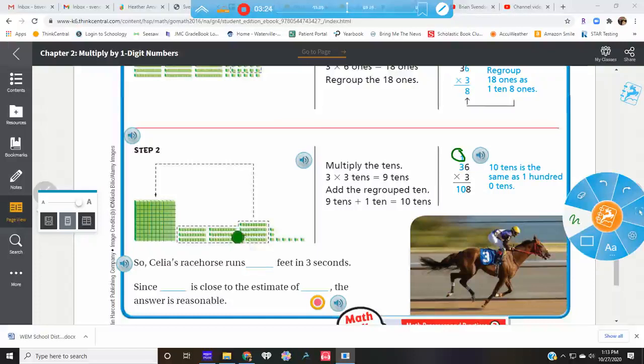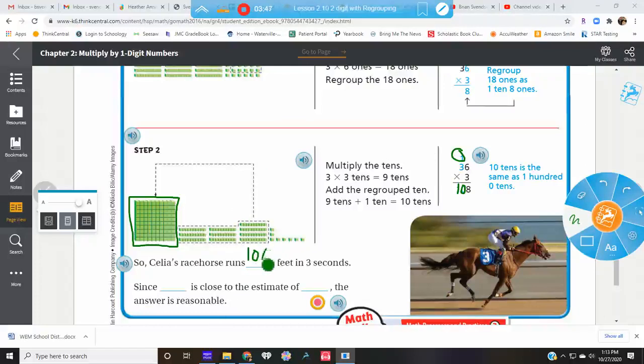If we have 9 tens and we add 1 ten, we're going to end up with 10 tens, or 100. So 90 plus 10 is 100, and with the 8, 108.